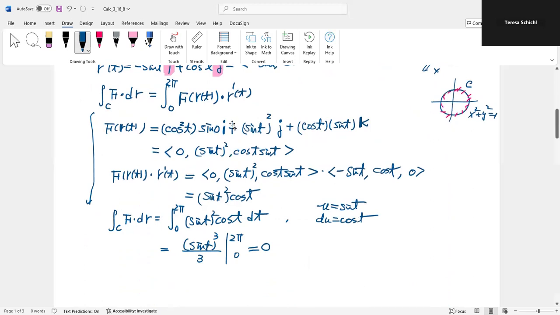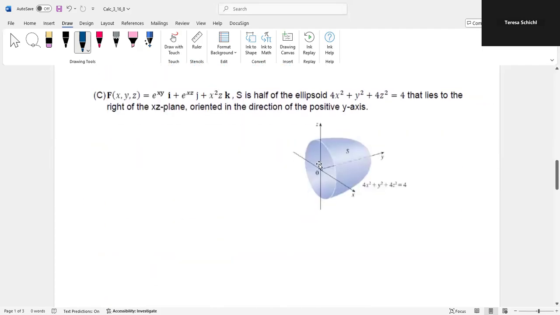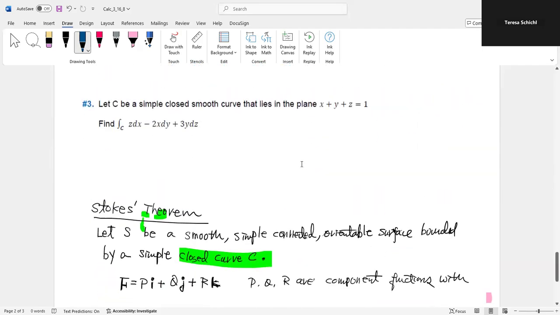But now if you use the line integral, because we know by Stokes, this will be equal to the surface integral of curl F. All right, so that is the main thing here. We talk about Stokes' theorem, and it's very important.